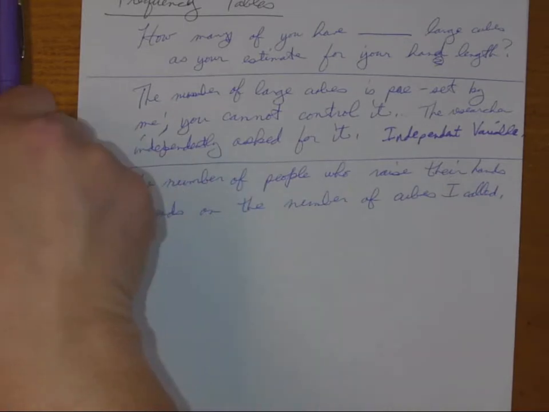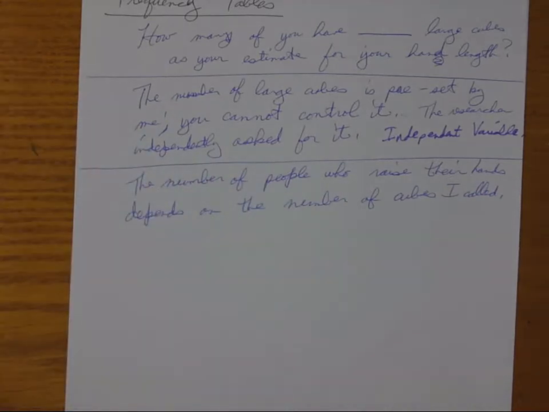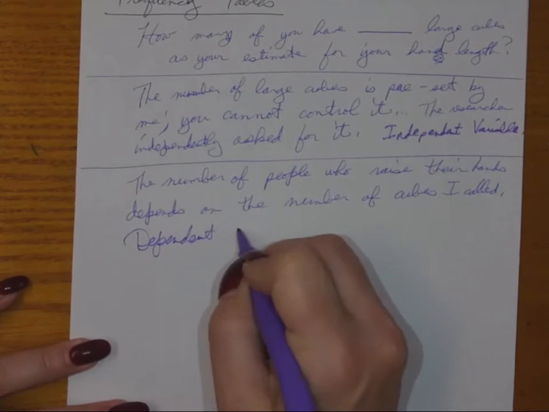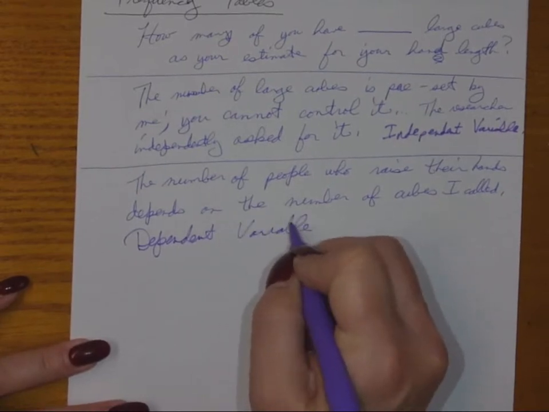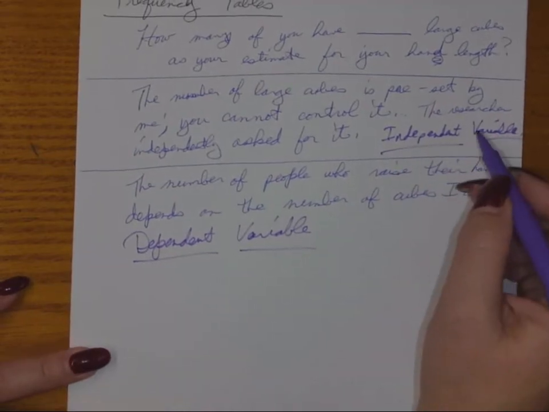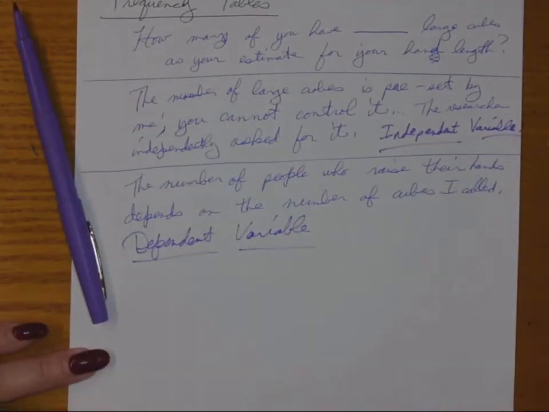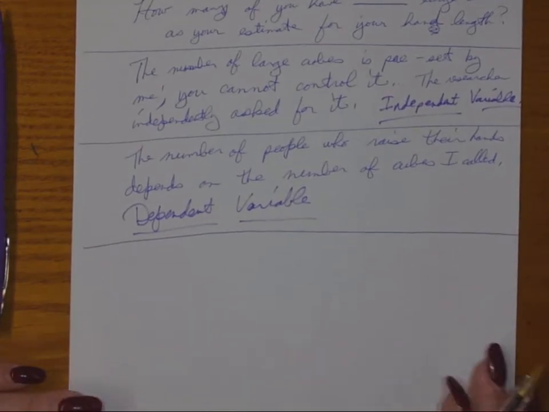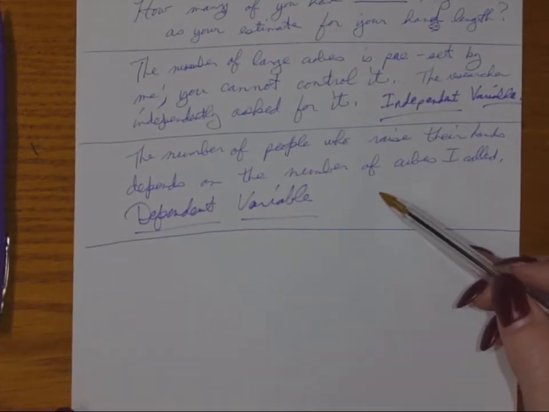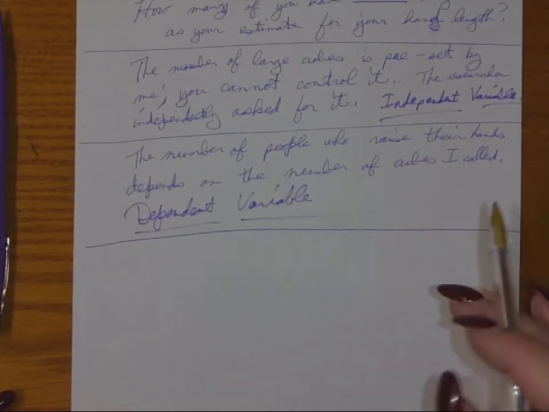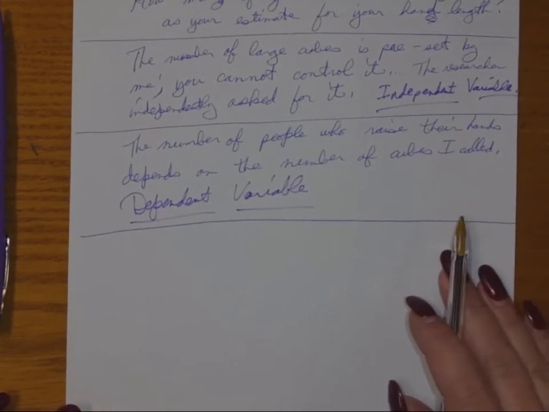So in statistics and in math in general, you've probably seen this in an algebra class, that's called a dependent variable. In algebra, a lot of times, we would call the independent variable an x. Okay, a lot of times in algebra, maybe a t, something like that. And the dependent variable is normally in algebra your y variable, or sometimes we say f of x to determine that it's the output.